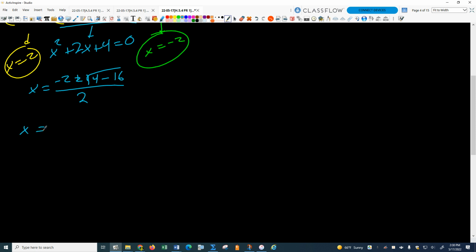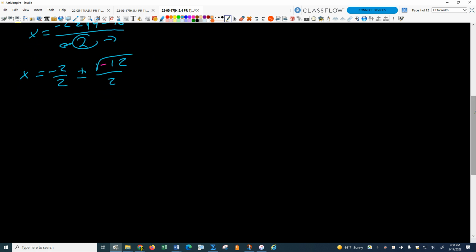So I'm getting x equals, if I split this, negative 2 over 2 plus or minus the square root of negative 12 over 2. Okay, which is going to give me what? Negative 1 plus or minus. What's the square root of 12?